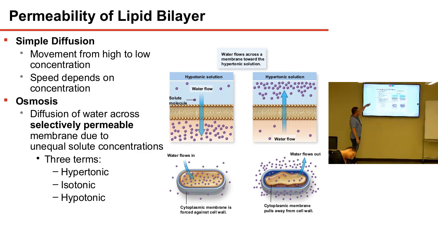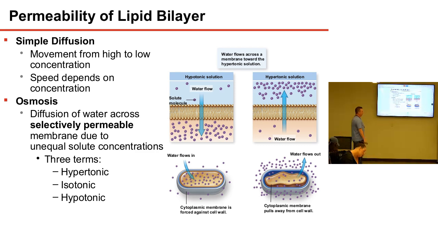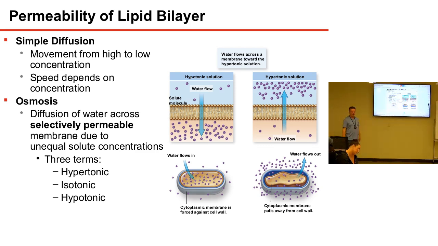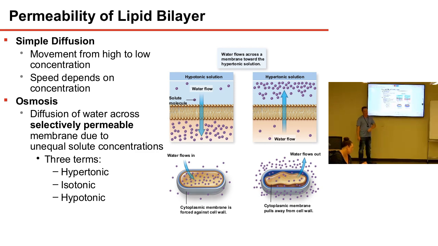Osmosis is referring to water specifically and how it actually moves back and forth. So when we talk about osmosis, we're talking about the diffusion of water. When we refer to different levels of osmosis, they fall under hyper, iso, or hypotonic, right? So hopefully those terms are sounding familiar to you. Hypertonic refers to the water basically being pulled out of the cell.